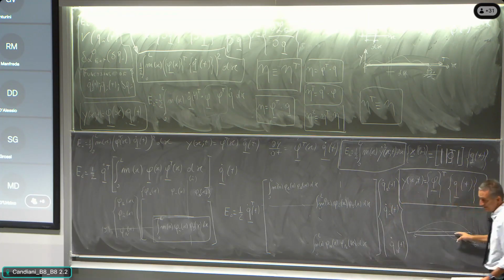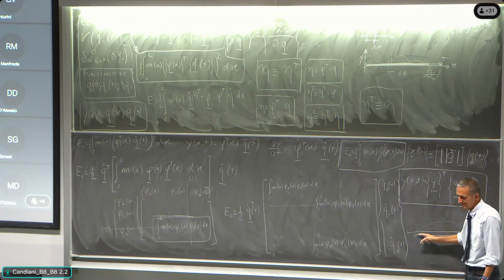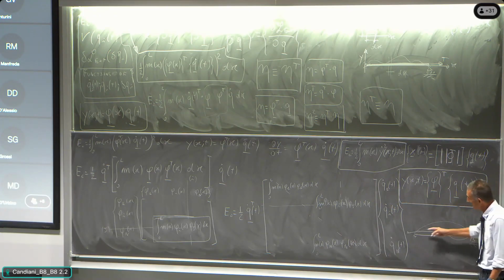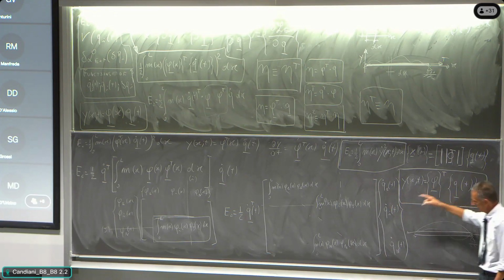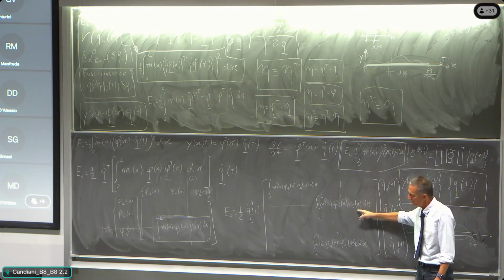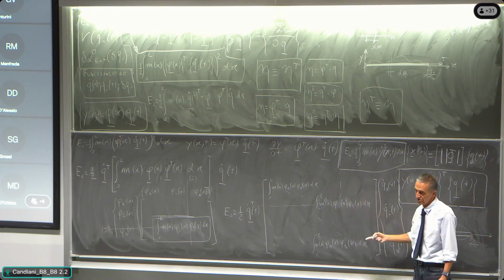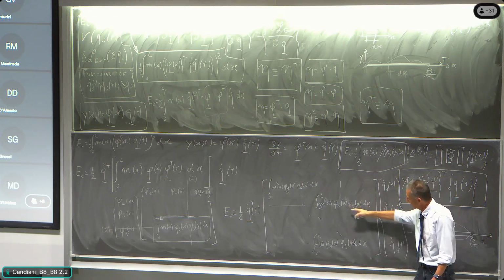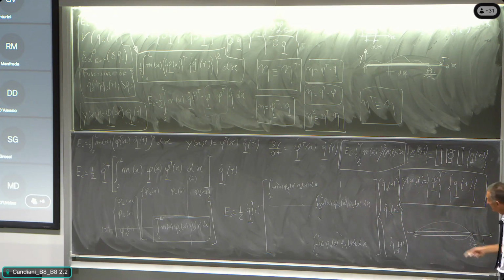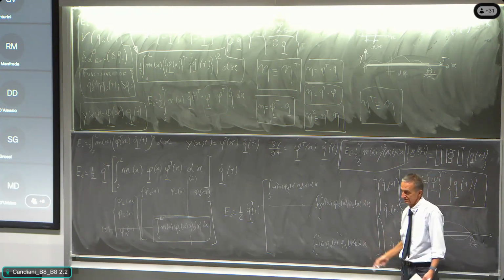If the mass is constant, of course it is orthogonal because the harmonic functions are orthogonal. But in case the mass distribution is not constant, the integral of phi i times phi j over dx is not null. The integral of phi i times phi j is null, so the shapes are geometrically orthogonal, only in case the mass is constant. In case the mass is not constant, they are not orthogonal.